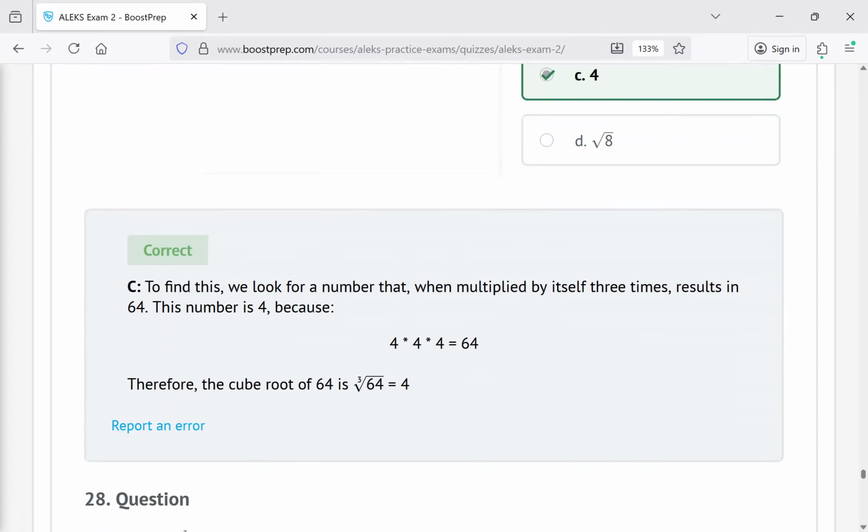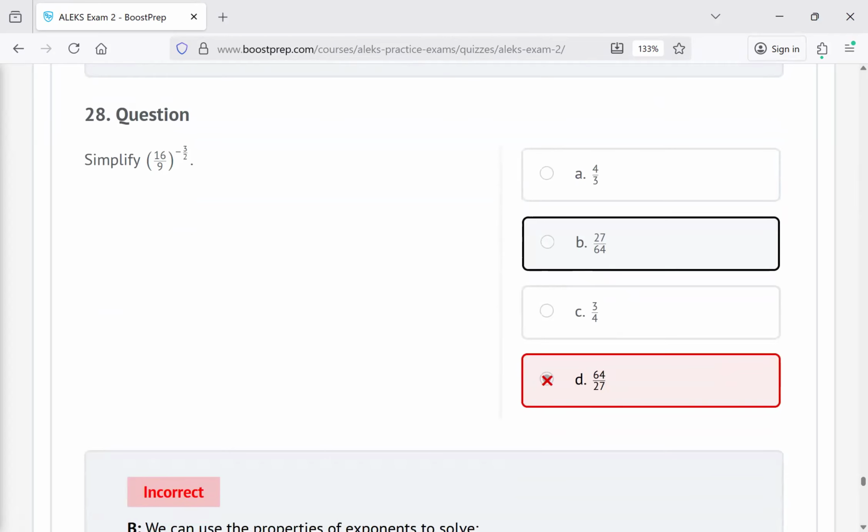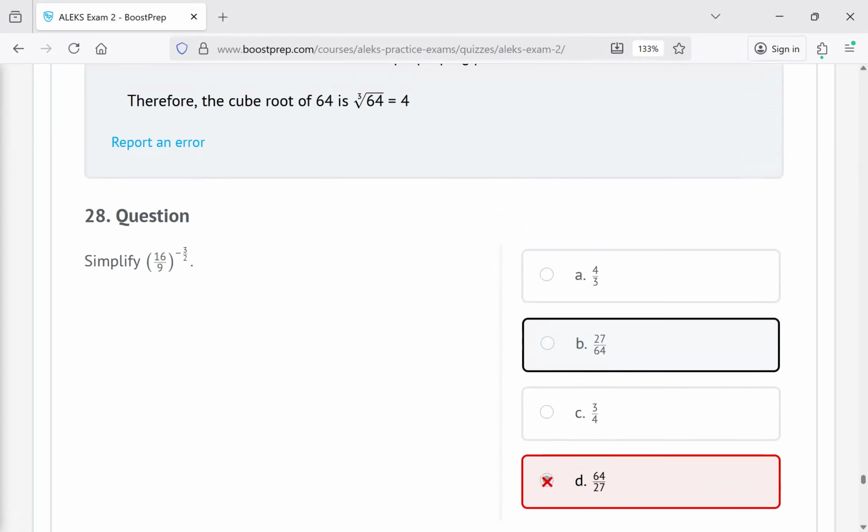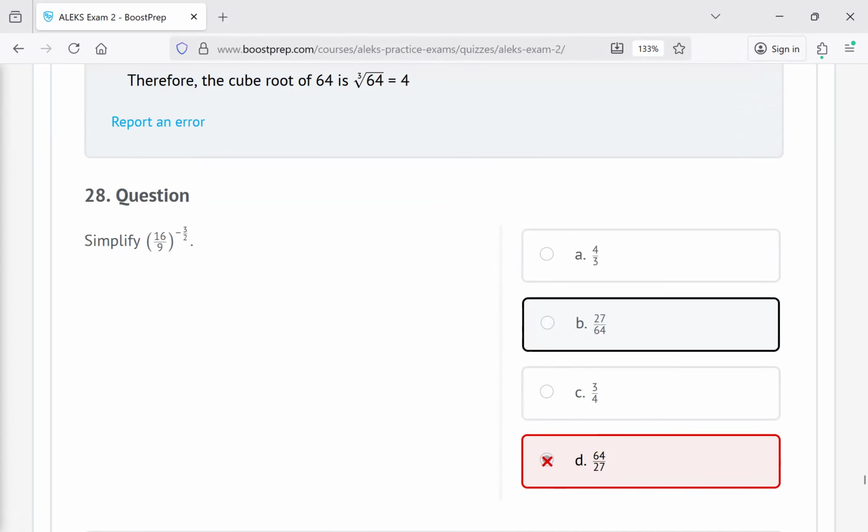It looks like we got all right. Oh, it should have been 27 over 64. Let's see, what did I do wrong here?